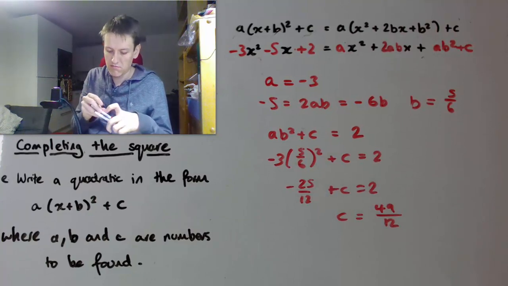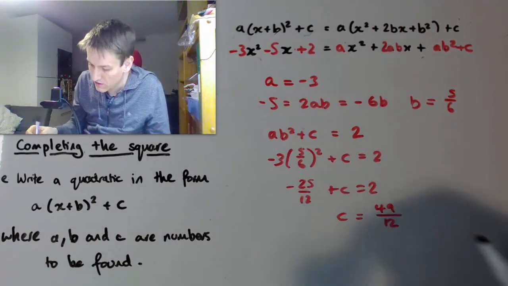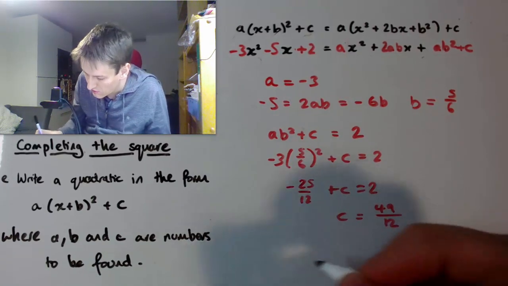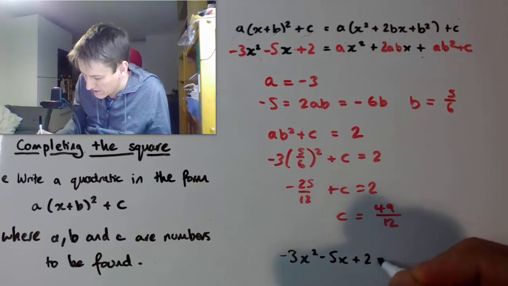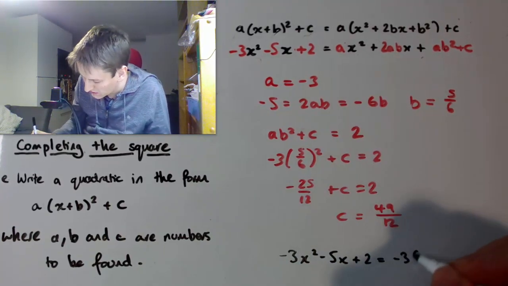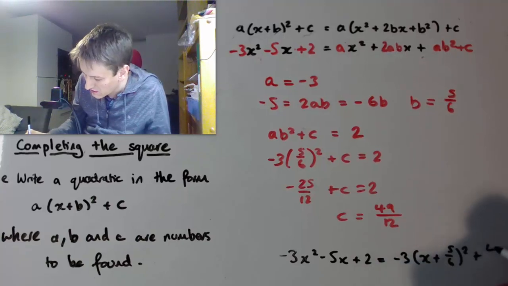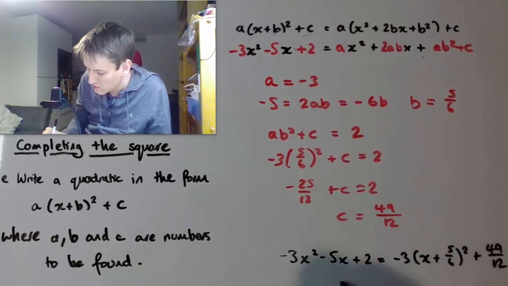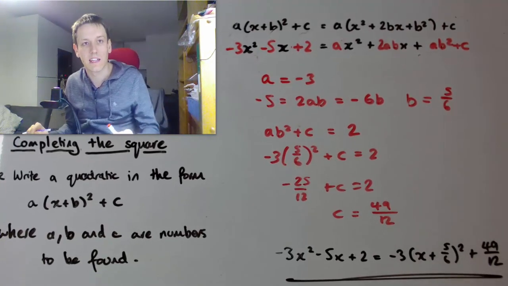So again, this can be a much harder example if you're using other methods, but here I can just write straight away that minus 3x squared minus 5x plus 2 equals minus 3 times x plus 5/6 squared plus 49 over 12, and we're done. So a bit harder with fractions, but exactly the same method.